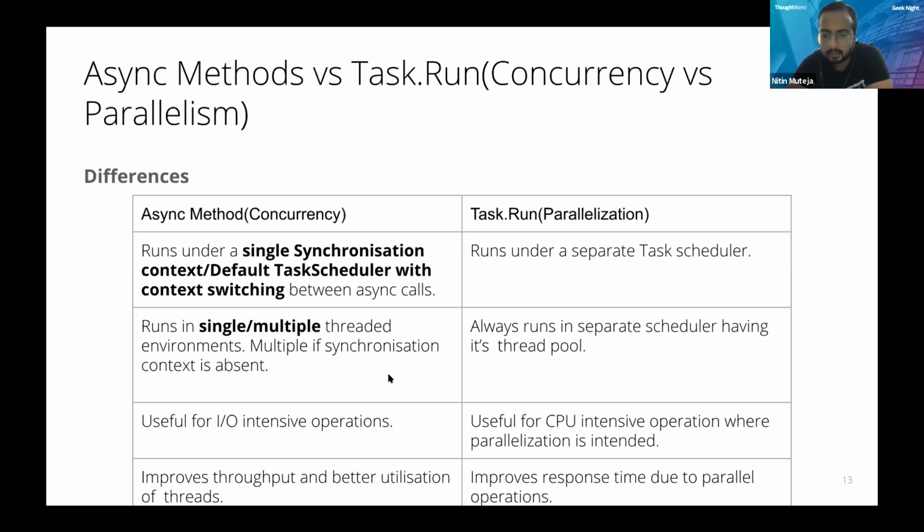But the drawback of executing multiple tasks in parallel is that your thread pool might start getting depleted, and in that scenario your entire application throughput might reduce. So you reduce the response time by running parallel tasks, but in turn you decrease the throughput of your application. That is a drawback.